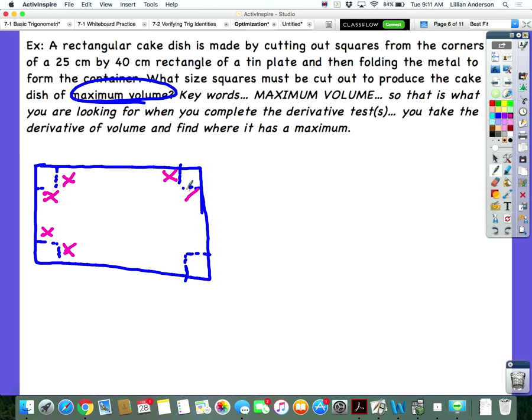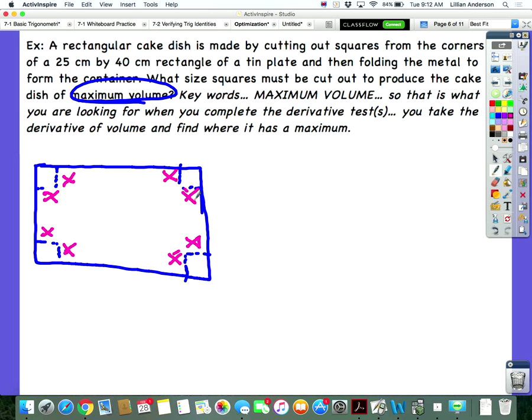So when you cut those corners and you fold, you're going to end up creating a 3-dimensional shape. Okay? Now, what are my dimensions? 25 by 40, original.